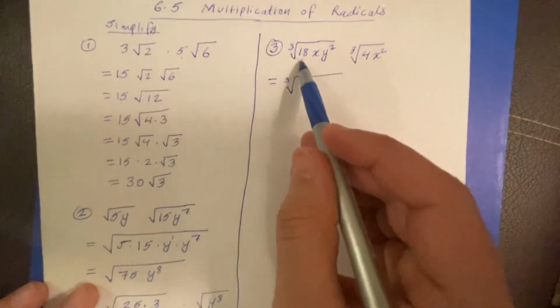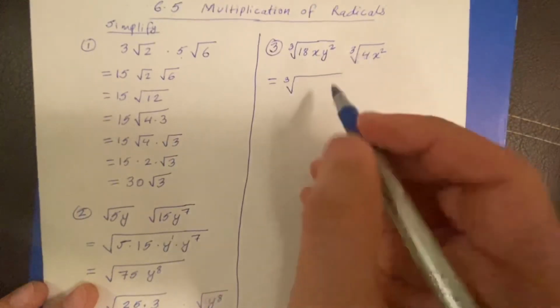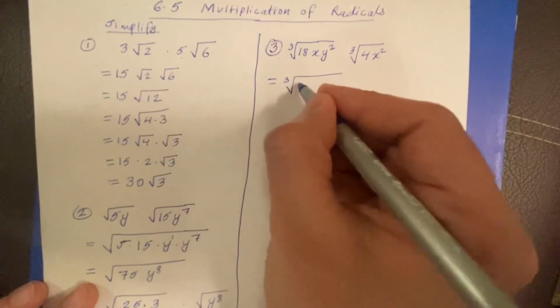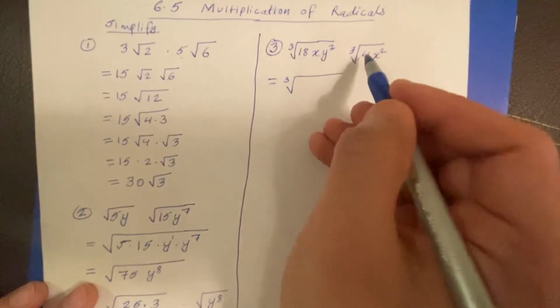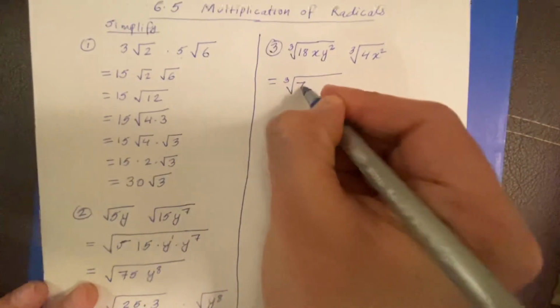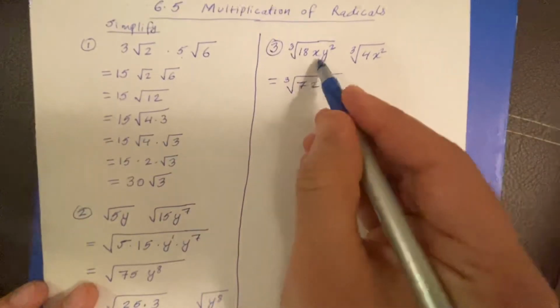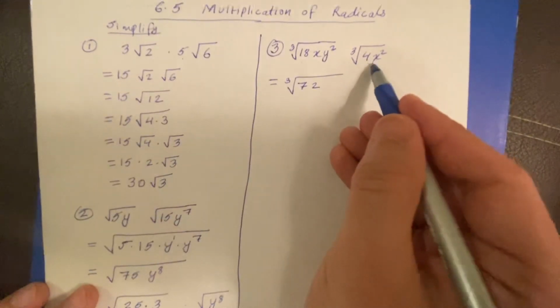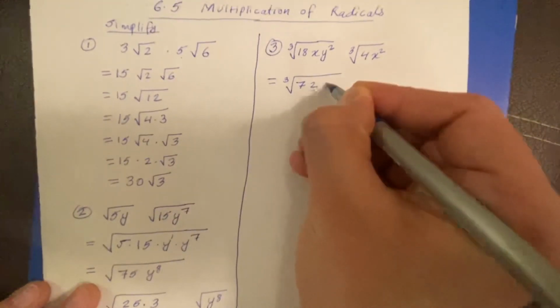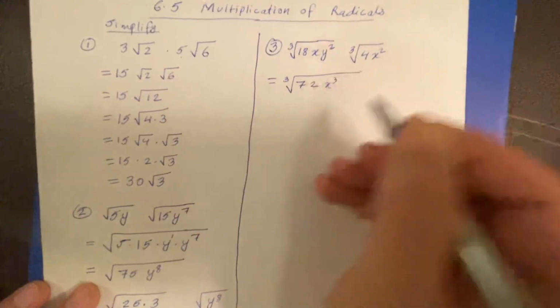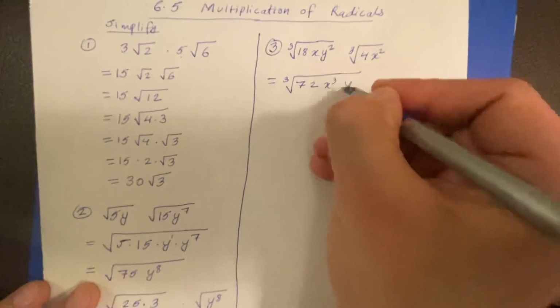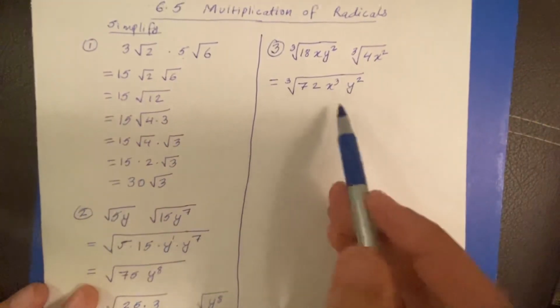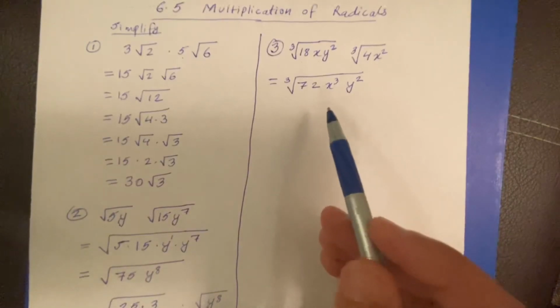And just multiply 18 and 4, which is 72. x and x squared is x to the power 3 and just y squared. So everything is going to go inside a single root.